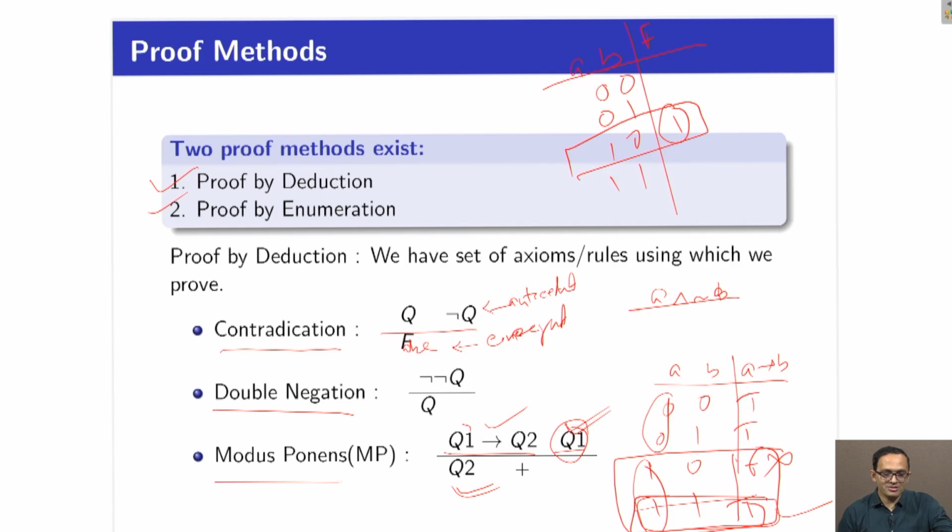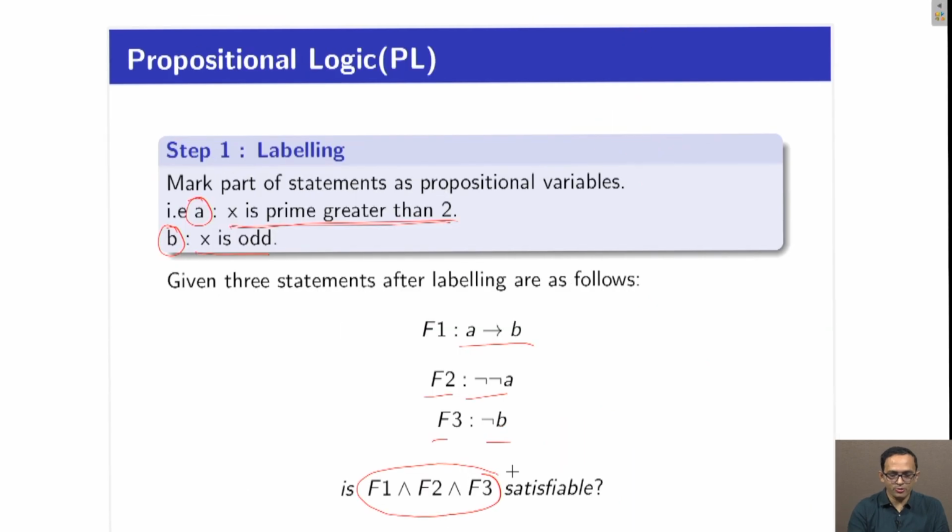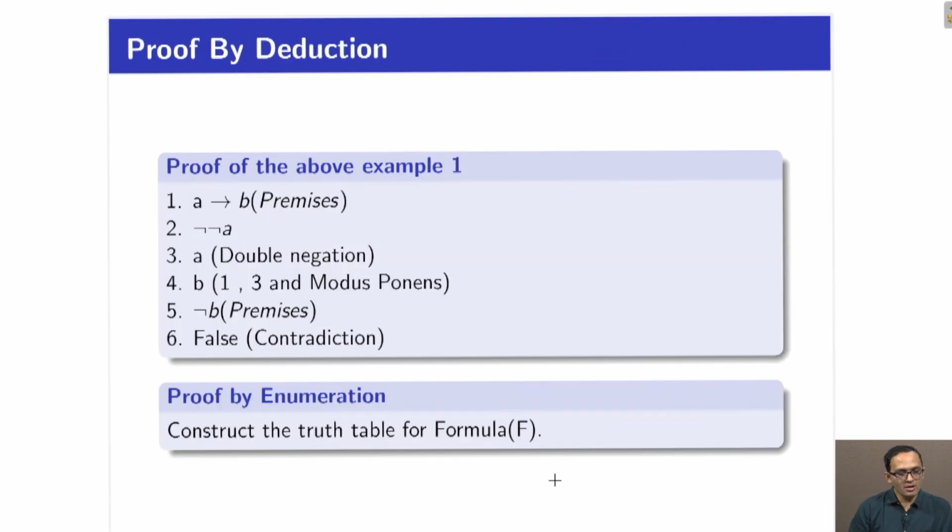Now, with only these three rules, I can easily prove that this formula is not satisfiable. Let us see how we can do that. Initially I have a implies b. You also have not of not of a. This is my formula 1, this is formula 2. So, from this I will get a by the double negation rule.